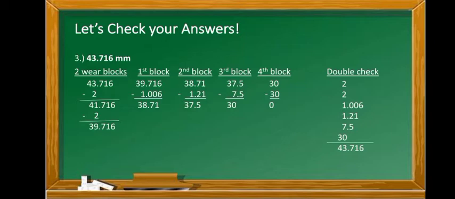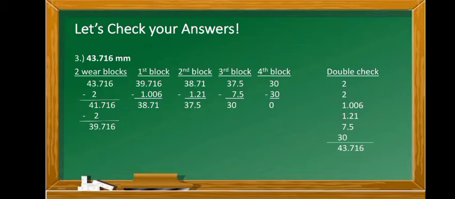So, minus the total length of the two wear blocks, that will result in 39.716. Then, eliminate the third decimal place, which is 6. So, our first chosen block is 1.006.